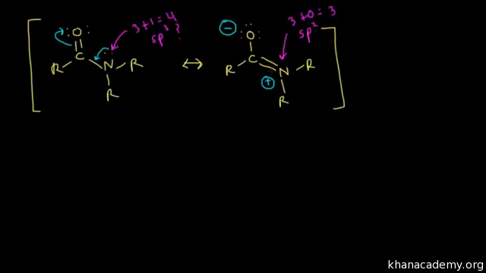That tells me that this nitrogen is actually sp2 hybridized, since an sp2 hybridized nitrogen has a p orbital, and sp3 hybridized does not. So this nitrogen is actually sp2 hybridized with that lone pair of electrons in a free p orbital, giving me a planar geometry of atoms around my nitrogen.